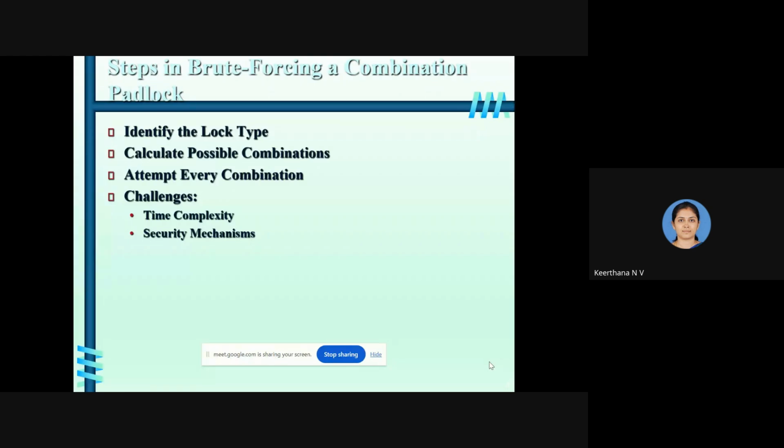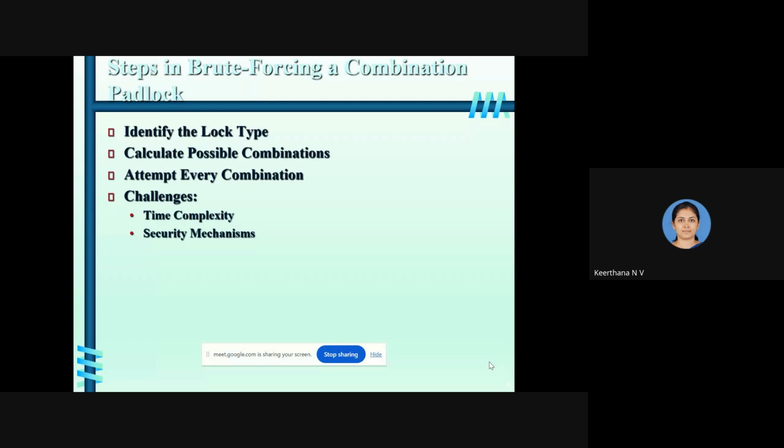The second thing is security mechanisms. What type of security mechanisms are involved in a padlock? Suppose some padlocks have mechanisms that limit the user after multiple failed attempts. If you try and get multiple errors, then the brute force approach will be harder for those kinds of padlocks, right?